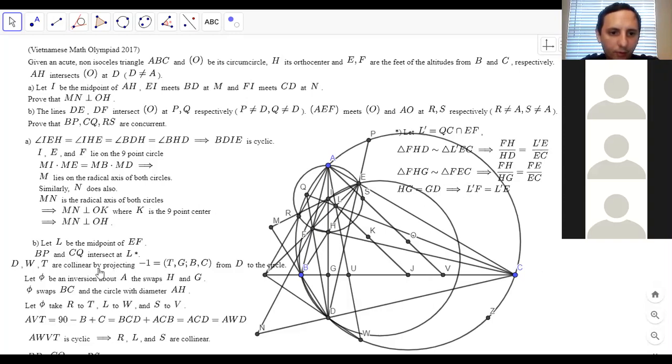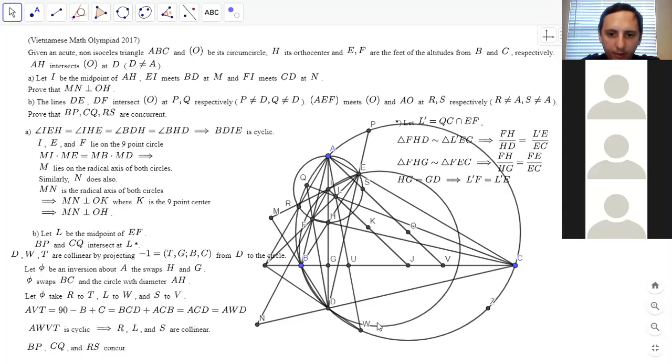So that was just this first part. And then if we let AL intersect the circle at a point W, and we let EF intersect BC at point T, then you can prove that P, D, and W are collinear using some projective geometry. I talked about it, but I don't think I'm gonna write it all out.